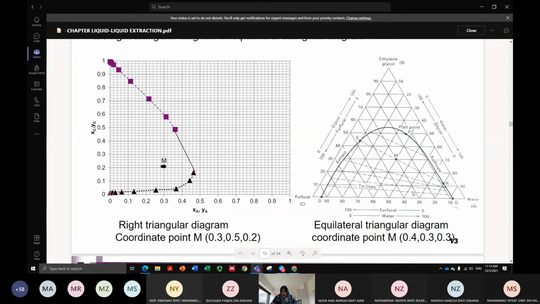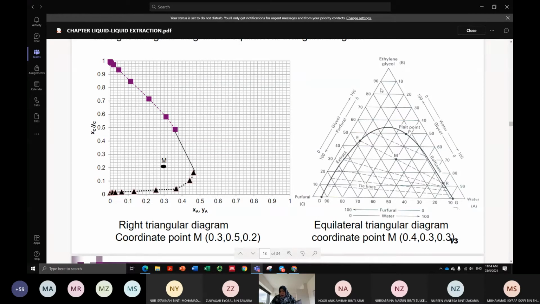Now let's look at coordinate M. Since you have 3 axes in this diagram, you need to give the complete coordinates that represent the composition of A, B, and C at this particular point M. To see what value you have for A, you look for A here, and then go for the base.